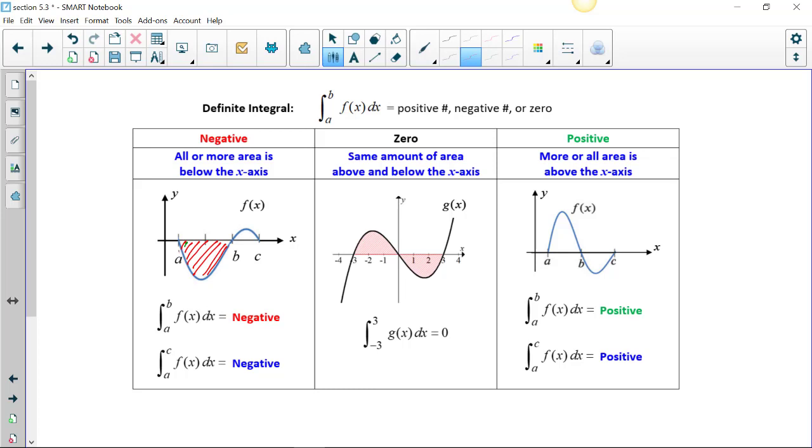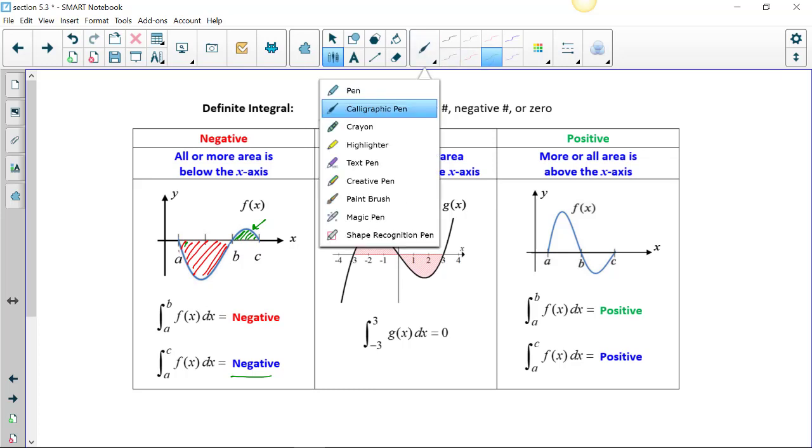That's why it comes out to be negative. If I want the definite integral from a to c, then part of the area is below, part of it is above, but there's more below. So when you take the little area above and subtract what's below, you're still going to come out with a negative number.